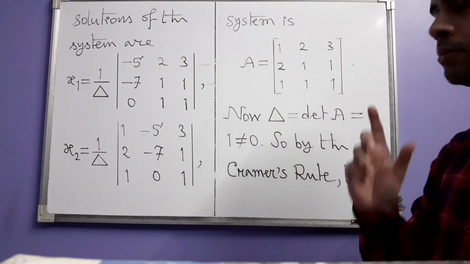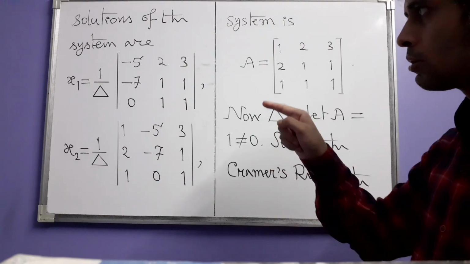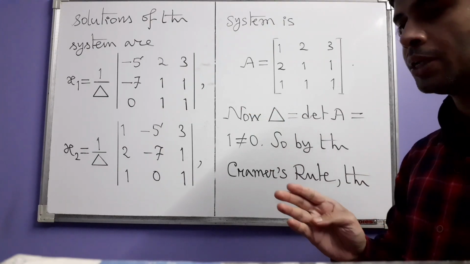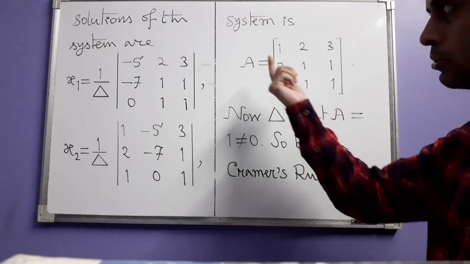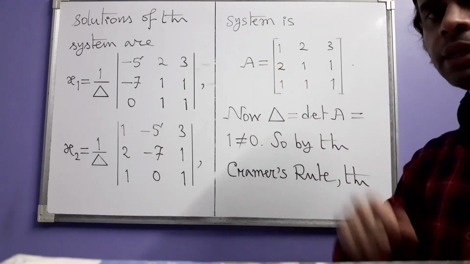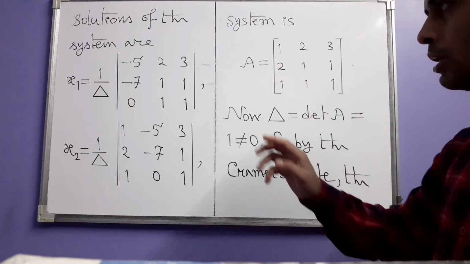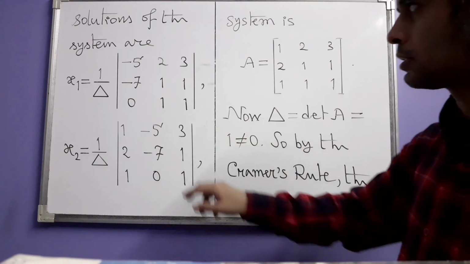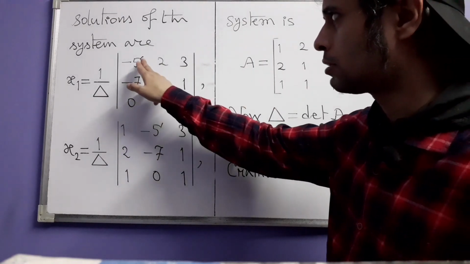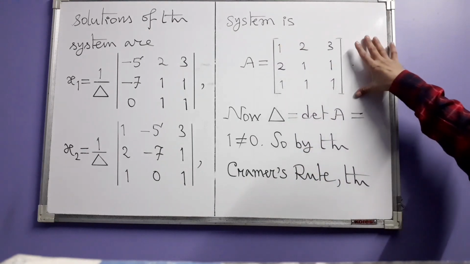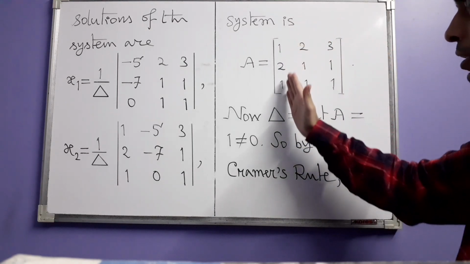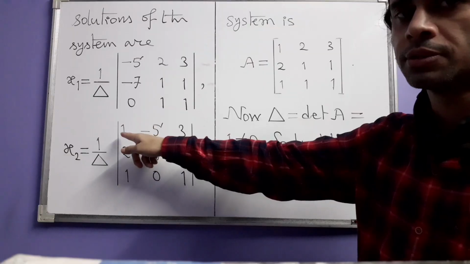What was the description of delta 1? Delta 1 is obtained from delta by replacing the first column of delta by those right hand side elements. If you go back to the original system, those right hand side numbers are minus 5, minus 7 and 0. So you can see that in this matrix, we have replaced the first column by those elements.